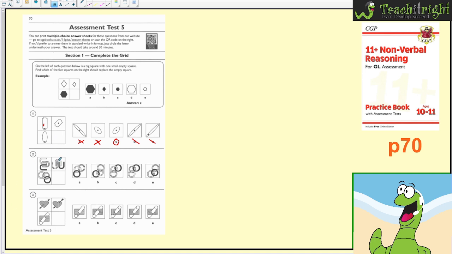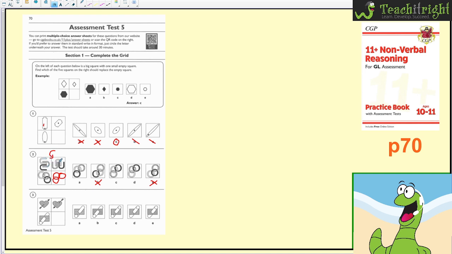Number 2. It looks as though the actual pattern has been rotated around anti-clockwise, so we're going to want the rings looking more like this, pointing to the top left. That eliminates B and E. In terms of the pattern, we know we need one of each type.